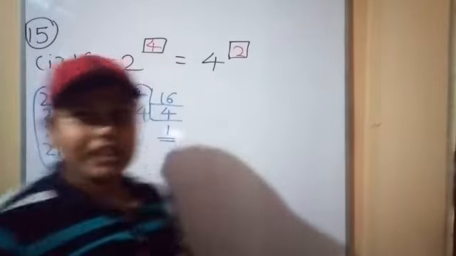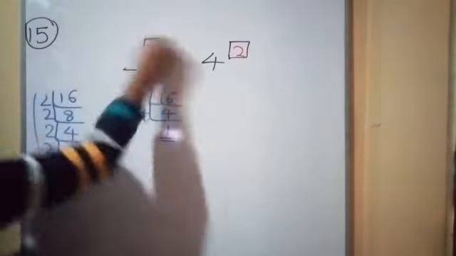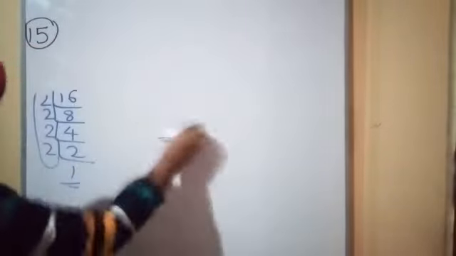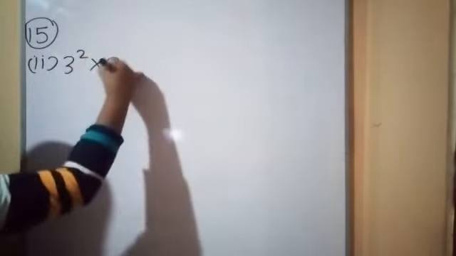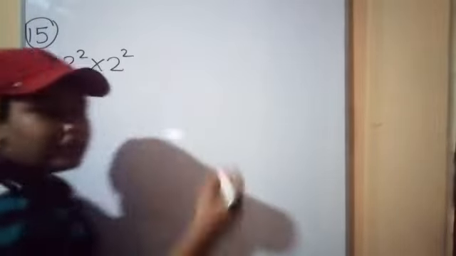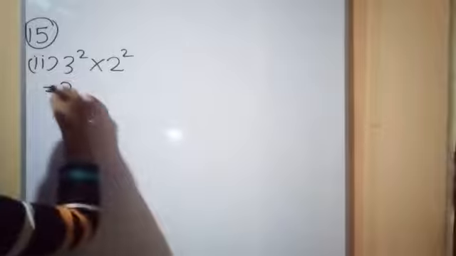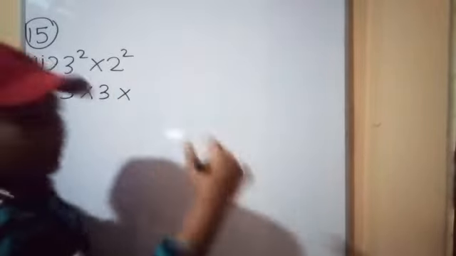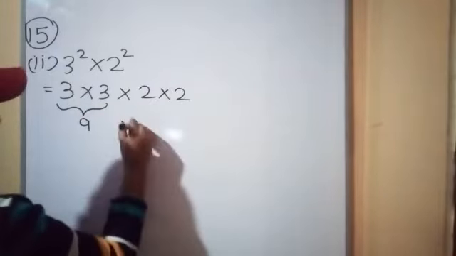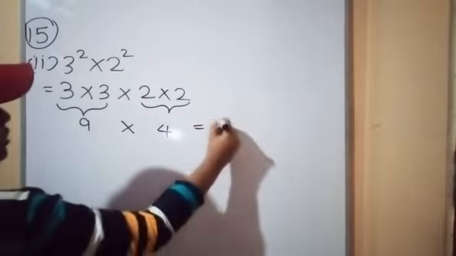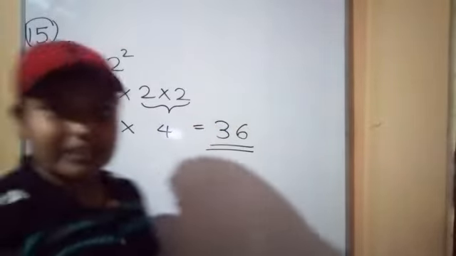Okay, now let's move to the second sub question in the 15th one. What is the second one? Expand 3 to the power 2 multiply 2 to the power 2 and find its value. Let's expand. 3 to the power 2 means 3 twice, so 3 multiply 3. 2 also twice, 2 multiply 2. 3 multiply 3 is 9. 2 multiply 2 is 4. 9 multiply 4 is 36.